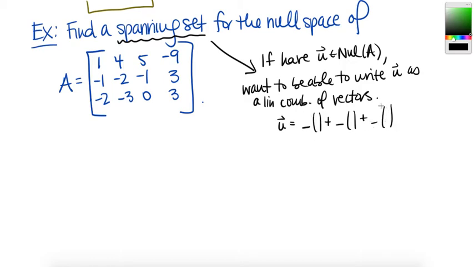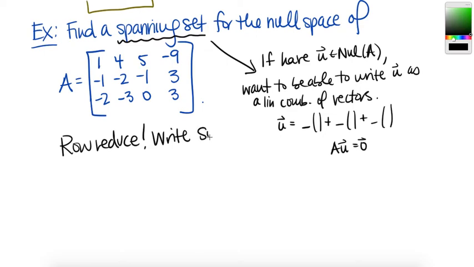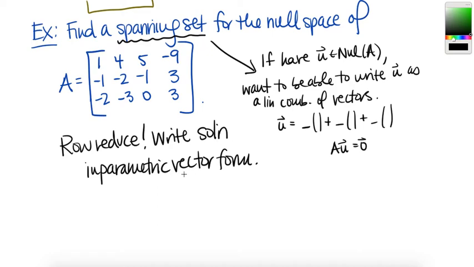And I want that to be the same for any u here. And let's remember, right, A times u has to be the 0 vector. So all we have to do here is row reduce, and then you're going to write your solution in parametric vector form. And those vectors give you your spanning set for the null space.